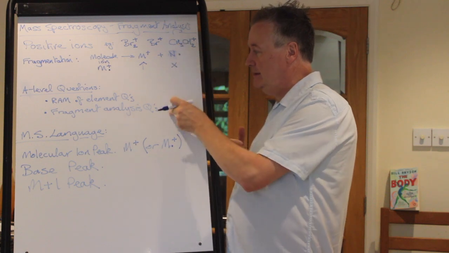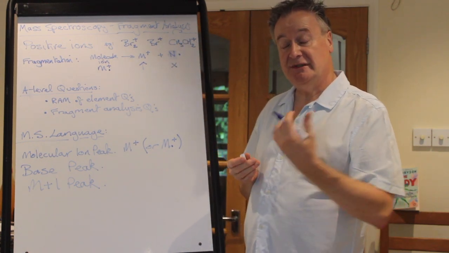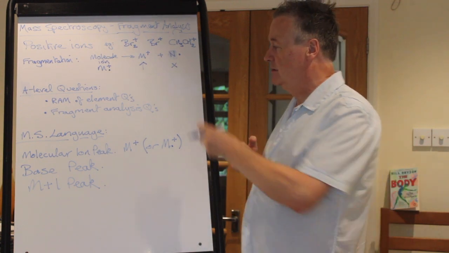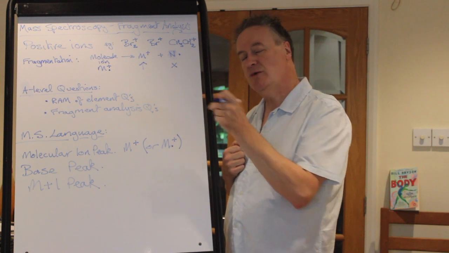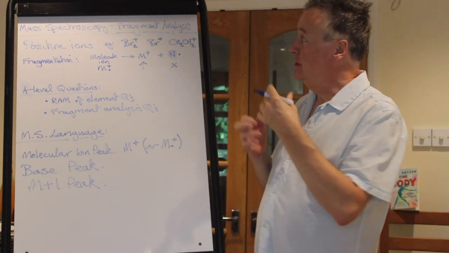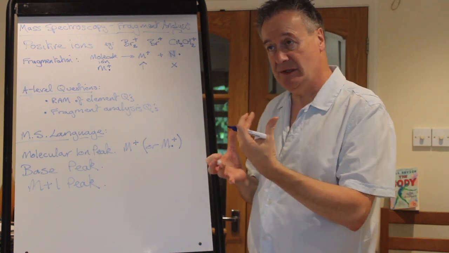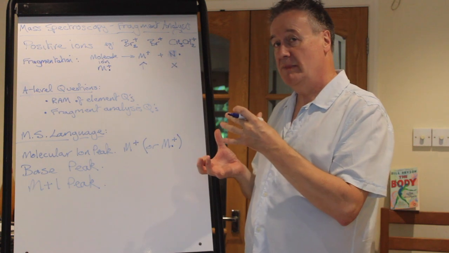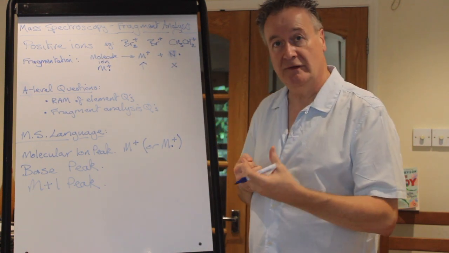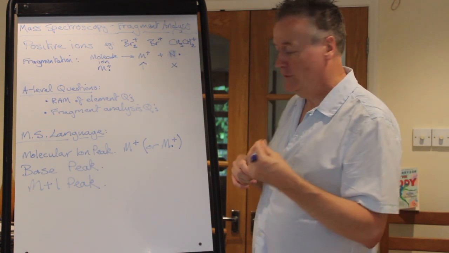And then there's what we're doing today, which is where you have the analysis of fragments, and those fragments go towards generating an identity for a molecule. This is going to be part of the information within a question. Today we're just focusing on the mass spectroscopy part, but in reality of a question it will be mass spectroscopy information, and a load of other things, perhaps some reactions, perhaps some other types of spectroscopy like infrared information as well.